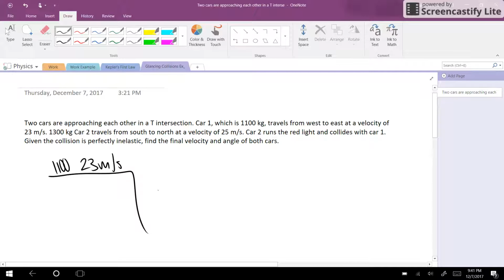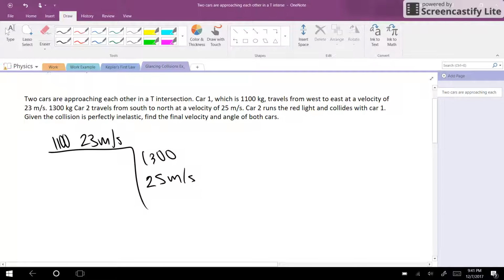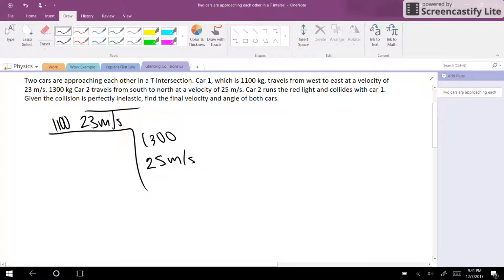The other car, traveling from south to north, is 1305 kilograms, traveling 5 meters per second. And they're going to crash. It's perfectly inelastic, which means VF1 equals VF2. Find the velocity and angle of both cars.